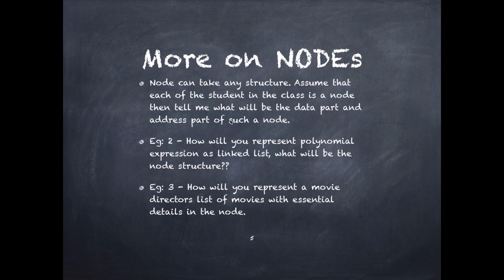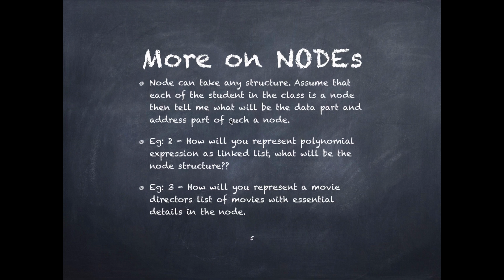Okay, so hope you understood what a linked list is. I'll just summarize. A linked list is a collection of nodes which are not stored in contiguous memory locations. When you get any application, you have to make sure what the node structure of the application will be.